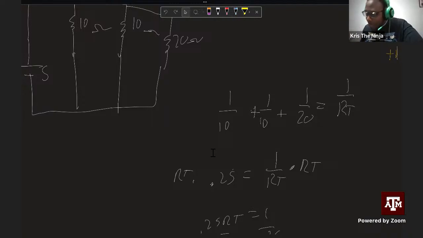It's always going to happen. The resistance is always lower than the smallest resistor.